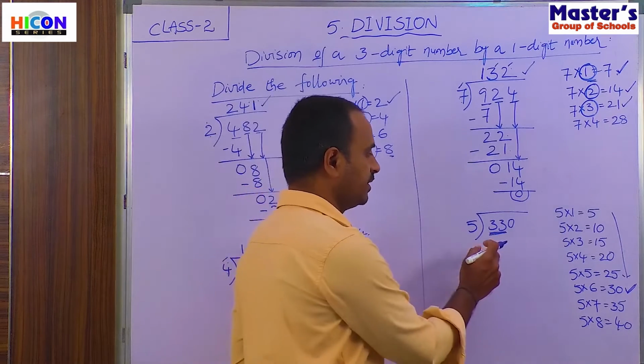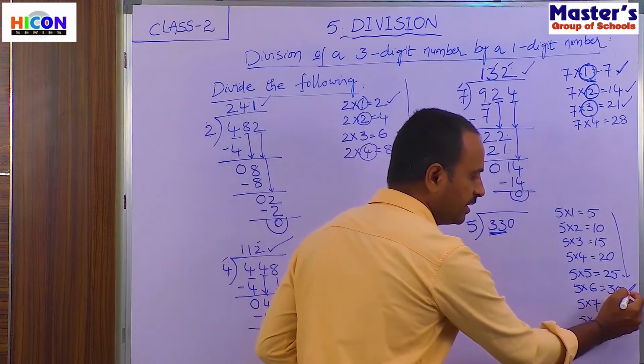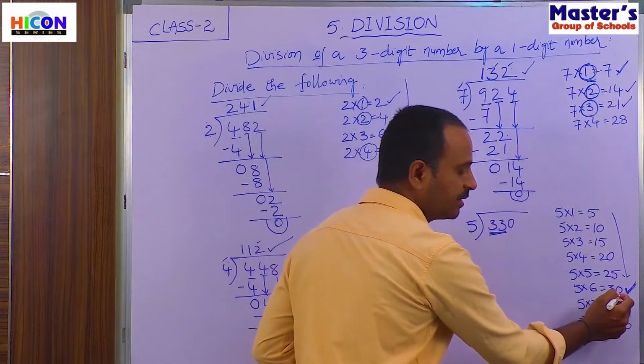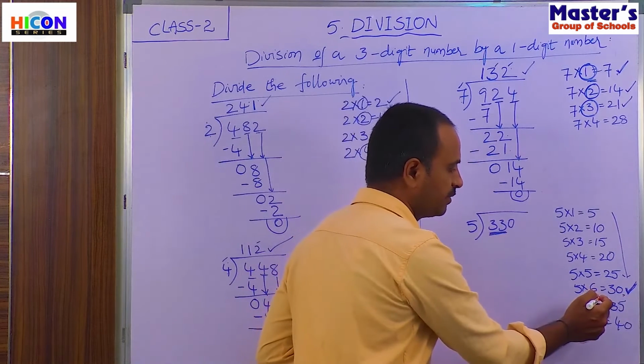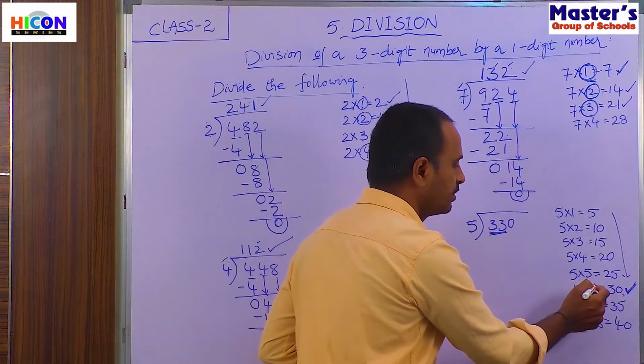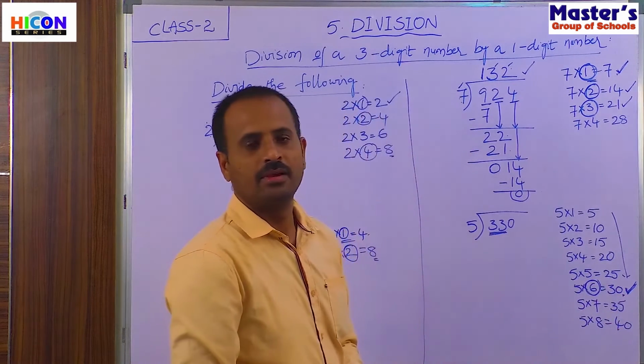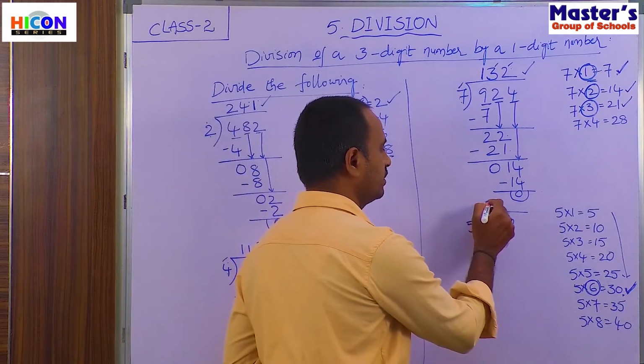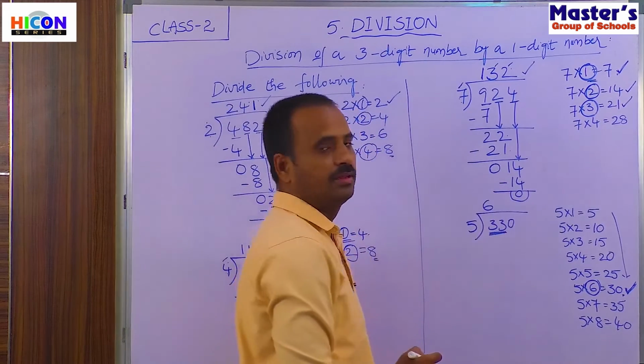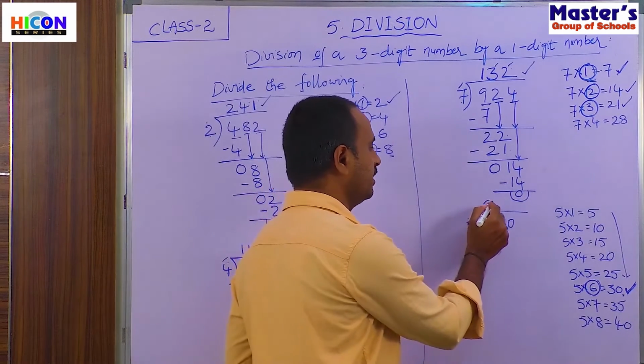So the number which is less than 33 is 30. Now we have to take this. How many times do we have to take to get 30? We have to take 6 times to get 30. So now write this 6 in the quotient above the dividend. Now multiply this divisor and this number.